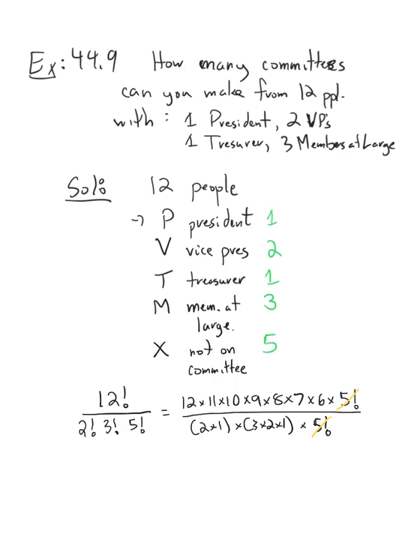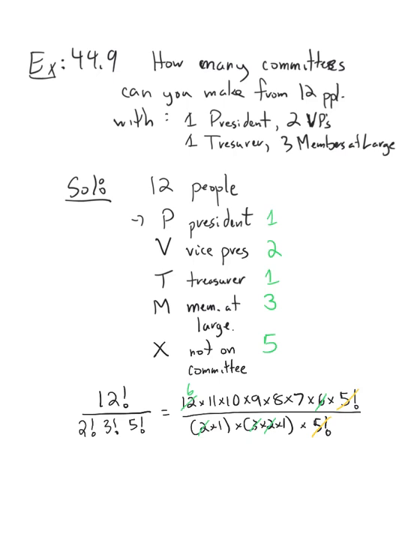So I see, oh look, a 6 has a 3 and a 2. And let me use a different color just to make sure you know what's canceling with what. So the 3 and the 2 cancel with the 6. And I'm left with another 2. Let's take it out of this 12 to make it a 6. So now I have 6 times 11 times 10 times 9 times 8 times 7.